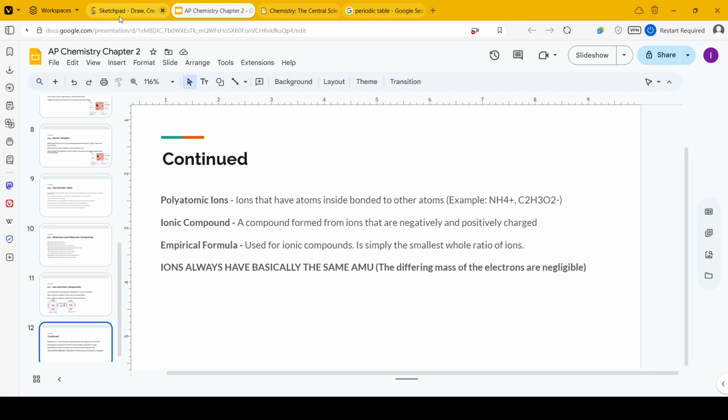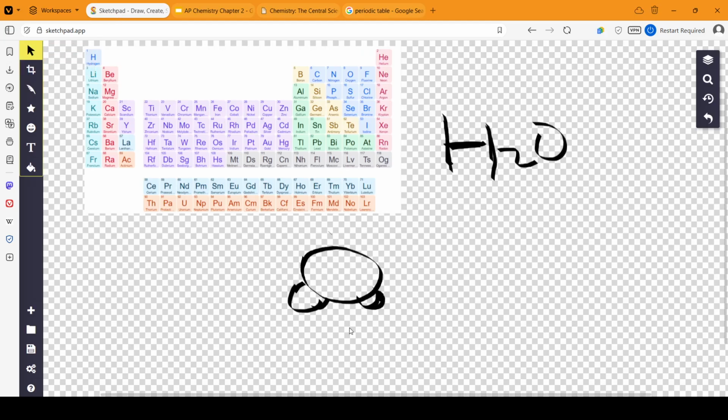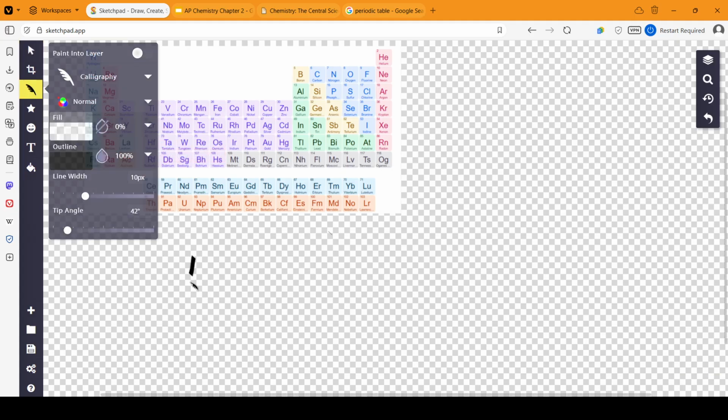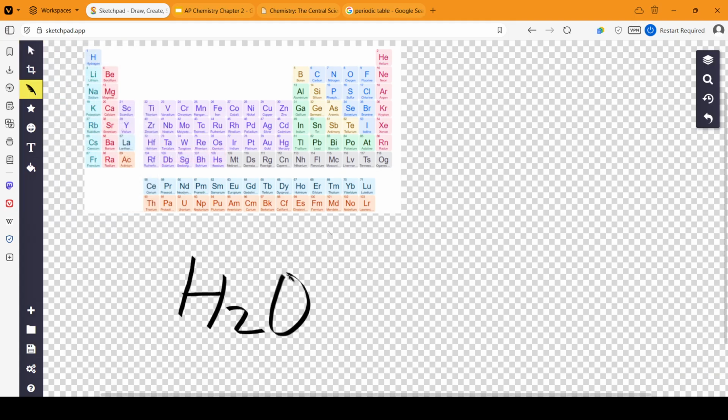So, regarding empirical formulas, I'm just going to use hydrogen peroxide to describe it. We have hydrogen peroxide here, and this molecule will look like this, I believe. So the hydrogens are at the ends here, and the oxygens are in the middle. Oh, sorry, that's actually wrong.